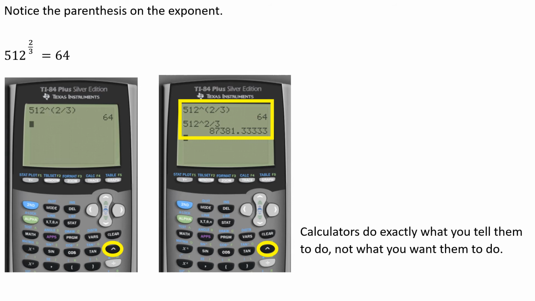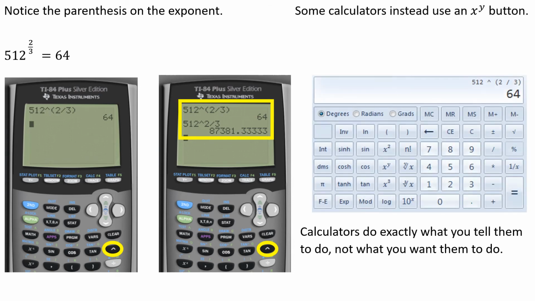So be careful about exponents. And then, of course, some calculators use an X to the Y button. And that X to the Y button is what creates the exponent. I find this one kind of funny because the calculator I found had an X to the Y button, but then up in the display it still shows it as a caret.